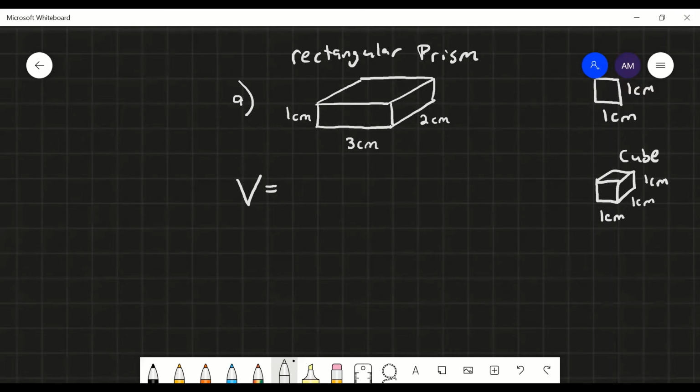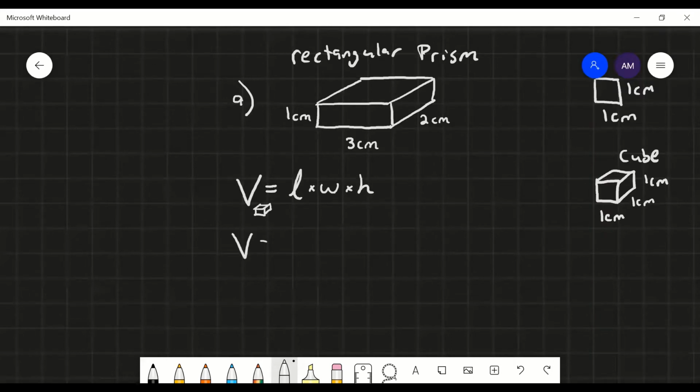So the volume of a rectangular prism is equal to the length times the width times the height. And it really does not matter which one you choose as which, because again, multiplication does not really have a particular order. 3 times 2 is the same thing as 2 times 3.